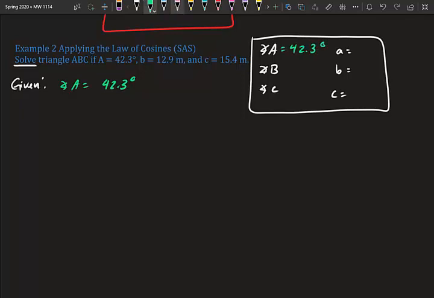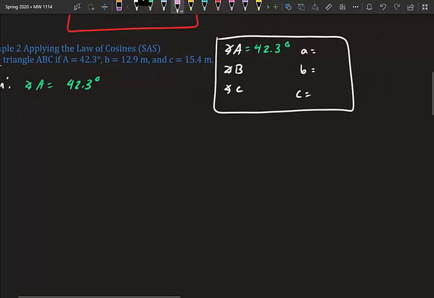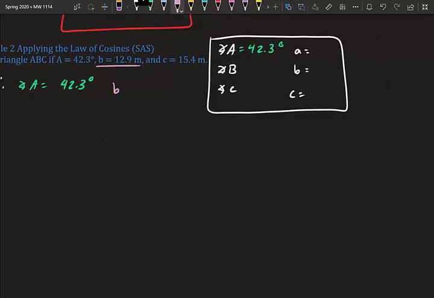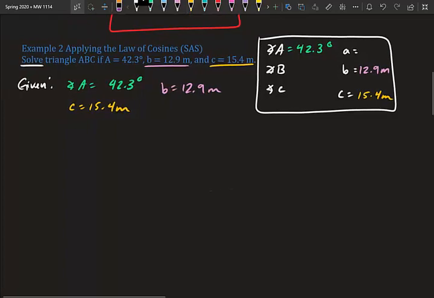We're given side B, which is 12.9 meters. And then we're given side C, which is 15.4 meters. All right, now all we need to find is the remaining side and 2 angles.